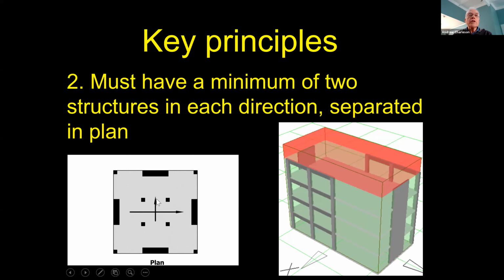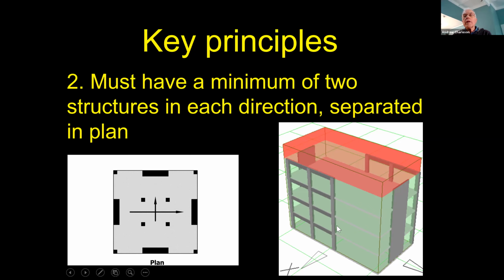So like for this building, in the y direction, I've got 2 shear walls. And in the x direction, that wall and that wall. Note that this wall here is very weak in the x direction. Very, very weak. It will collapse. But it is strong in the y direction.